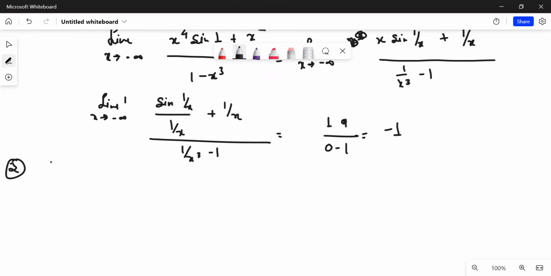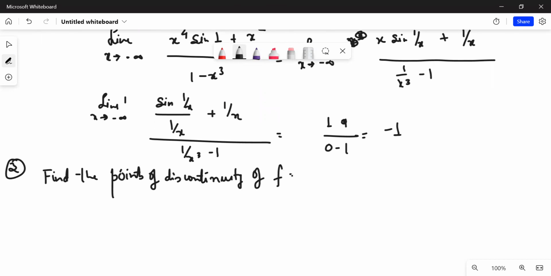You have to find me the points of discontinuity, where this denotes the greatest integer function.